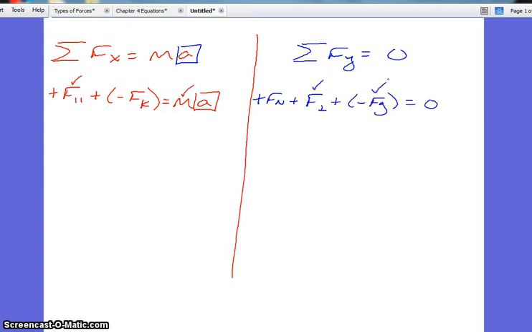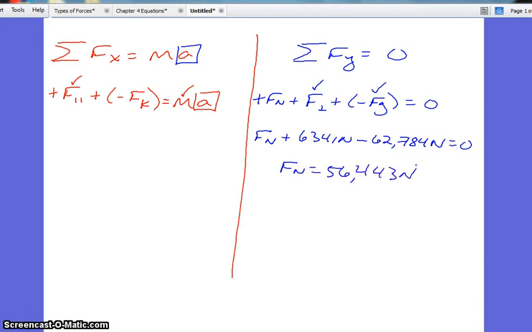I know the perpendicular force and the gravitational, so I can solve for the normal force. Gravitational force was 62,784. I get the normal force, and that comes out to be 56,443 newtons.